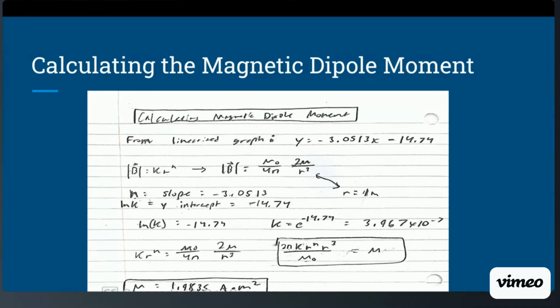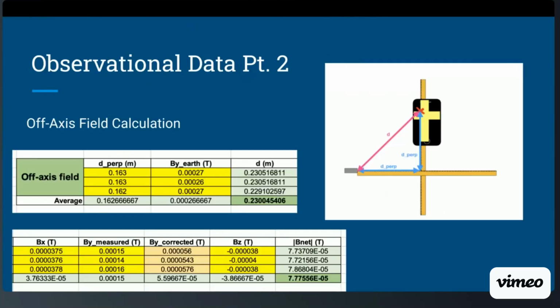I found n to be around -3 and k to be around -14.7, and the math is shown on the screen. After that, I set the magnetic field equations that we know equal to each other and solved for the magnetic dipole moment, since everything else in the equation is known. That tells us that the magnetic dipole moment is 1.98 amperes times meters squared.